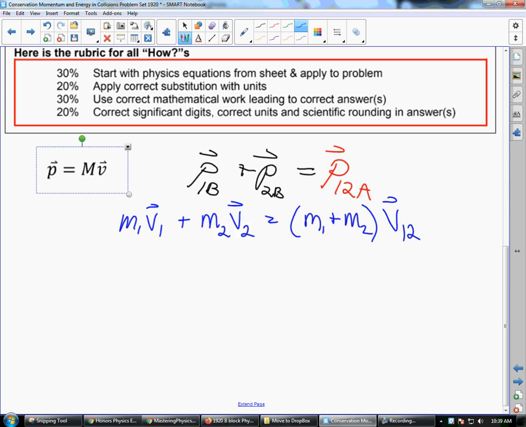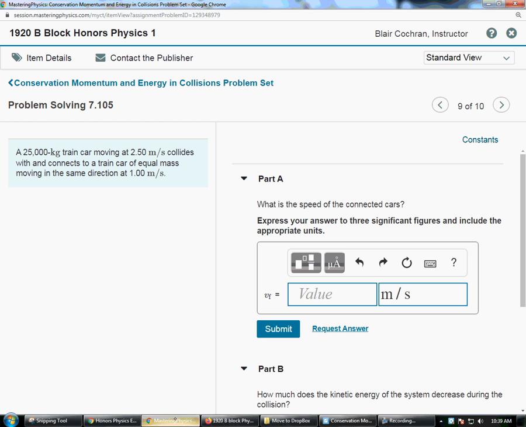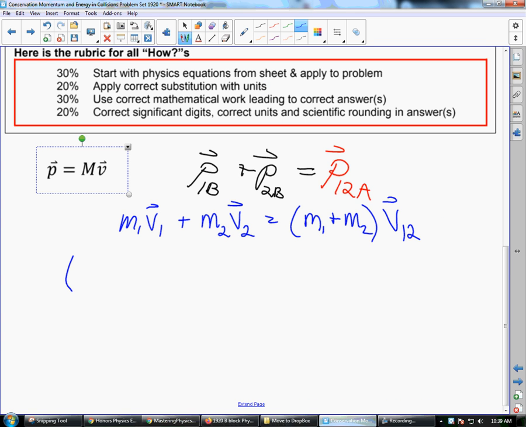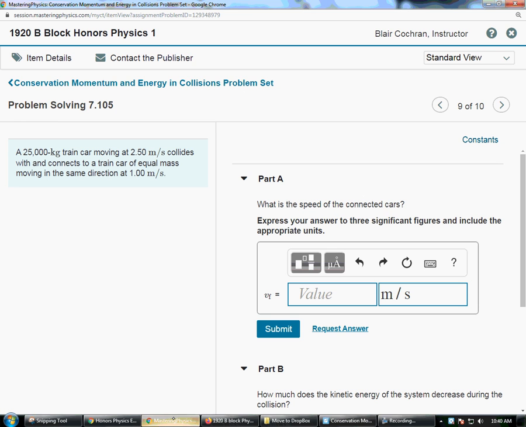Alright. So now it's really just filling in, right? Let's see. M1, 25,000 kilograms. Velocity, 2.5 meters per second. Plus mass 2, equal mass.